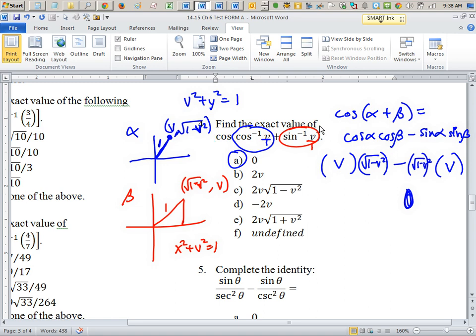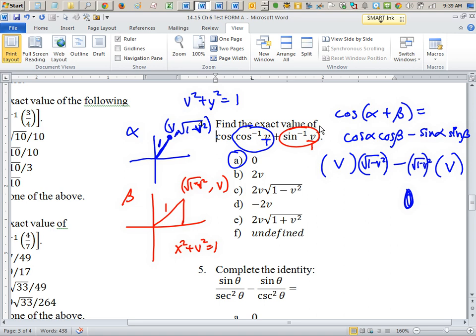Okay, now I'm going to show you how to do this problem in 2 seconds. I'm thinking of an angle whose cosine is a number and whose sine is the same number. Look, they both say v. I'm thinking of an angle, cosine is v and sine is v.